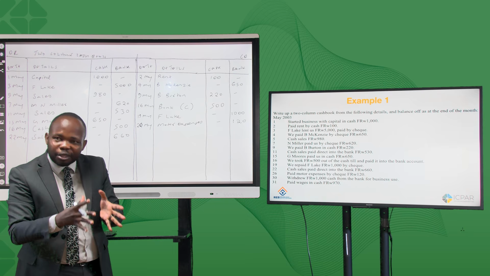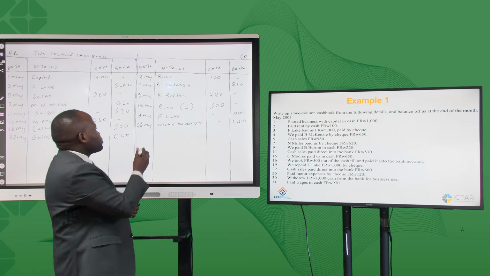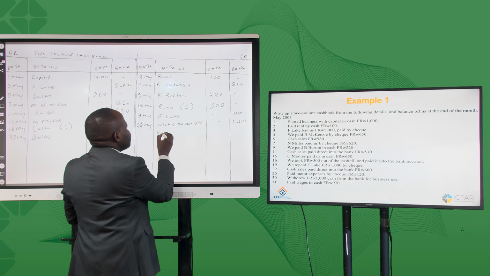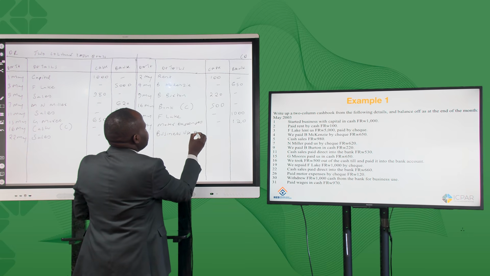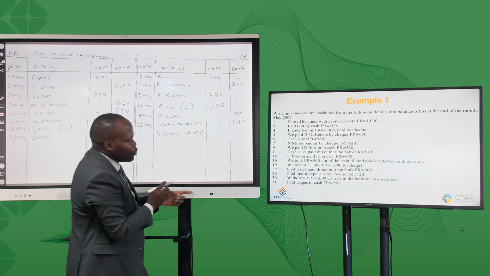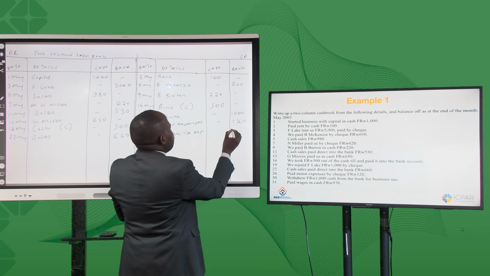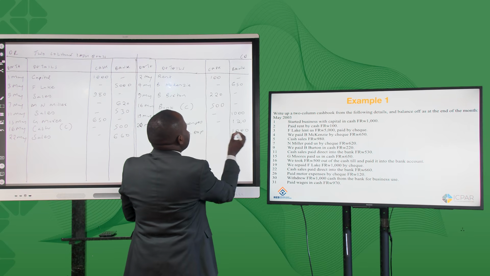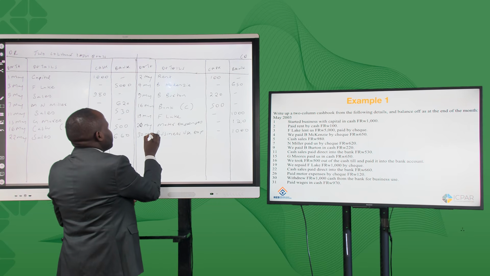We withdrew from the bank for business use. So we withdrew cash 1,000 from the bank. So the bank is losing 1,000. On which date? On 30th May.